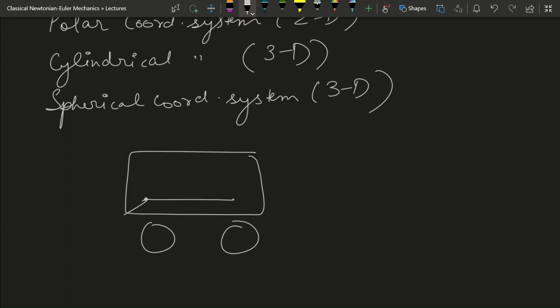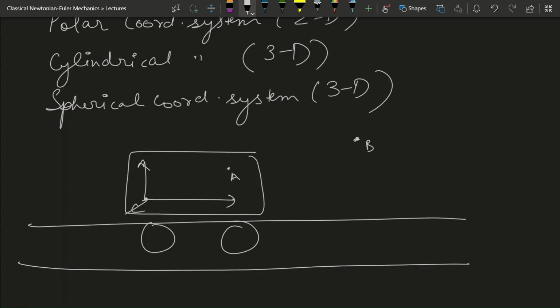So you make a coordinate system in this vehicle and try to find the position of any point either inside this vehicle or outside this vehicle. Suppose this is a point A inside this vehicle and there is a point B outside this vehicle. Suppose there is a ground out there, this is a road, and there is another point. Suppose this is a building and there is a point.